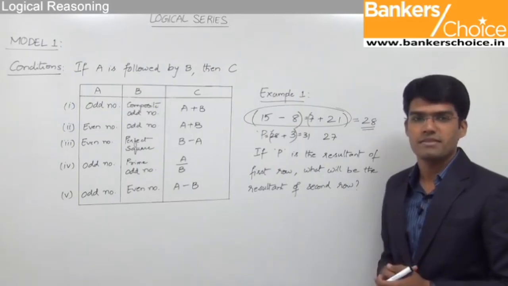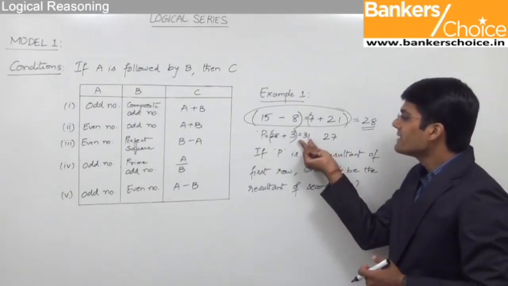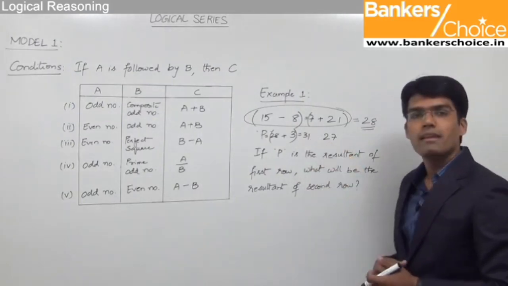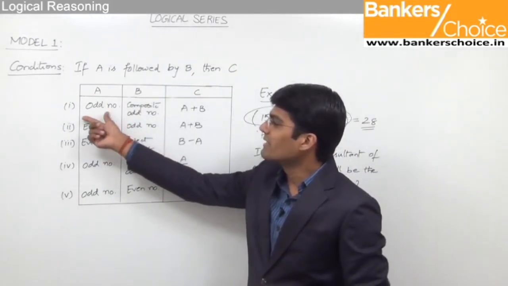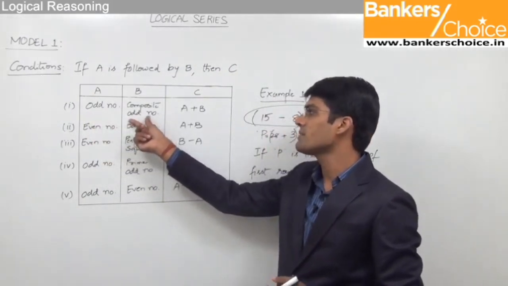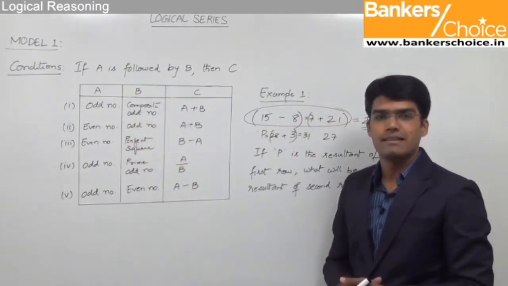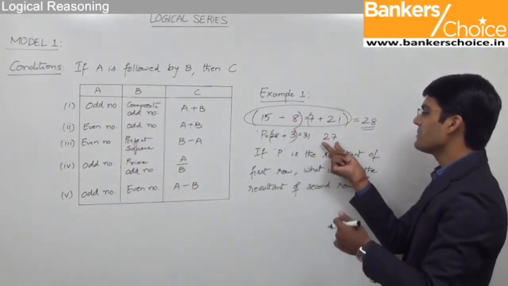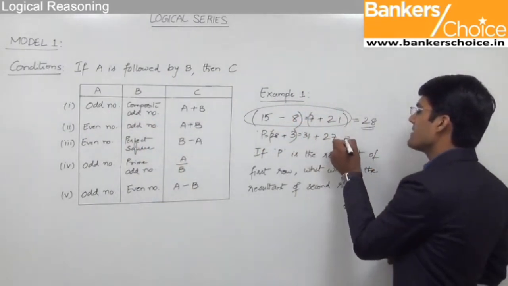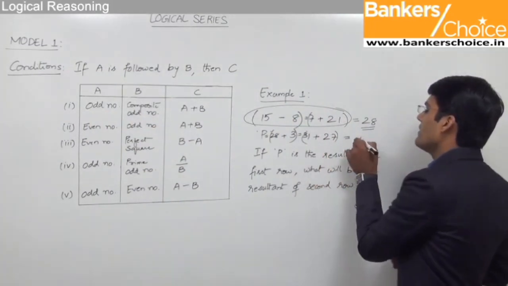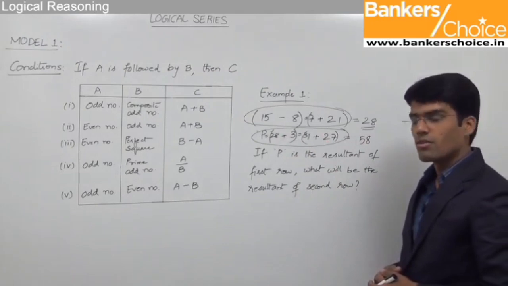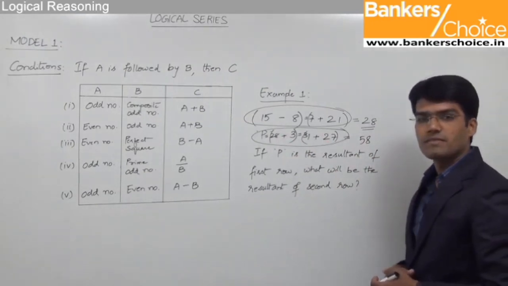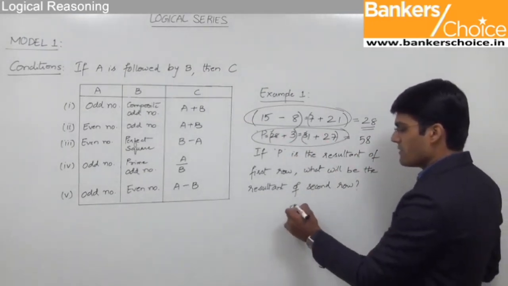So this is an odd number followed by another composite odd number, and the condition to be applied is the first one, that is odd number followed by composite odd number, they are to be added. So 31 plus 27 would give us the resultant of the second row, that will be equal to 58. So our answer for this question is 58.